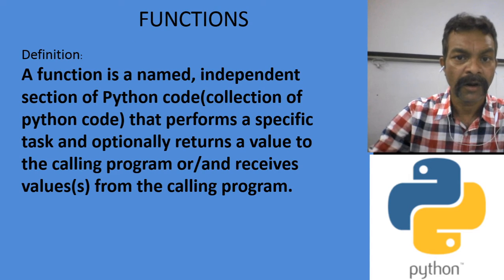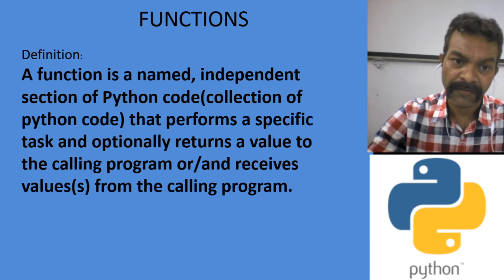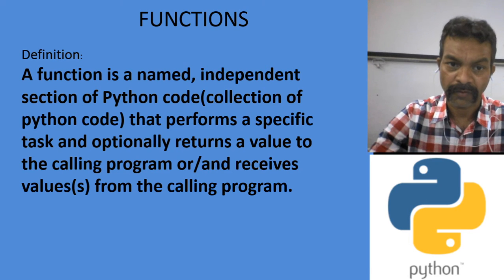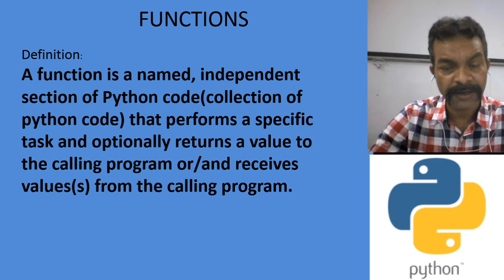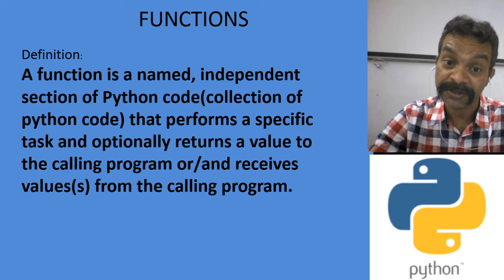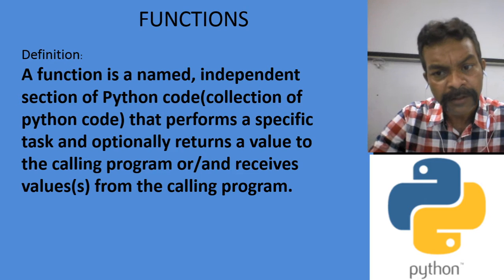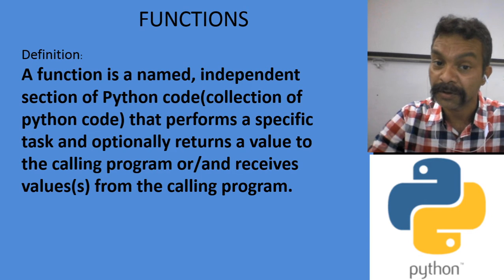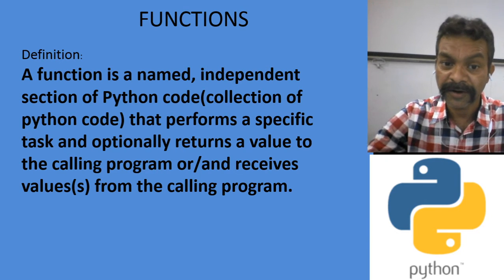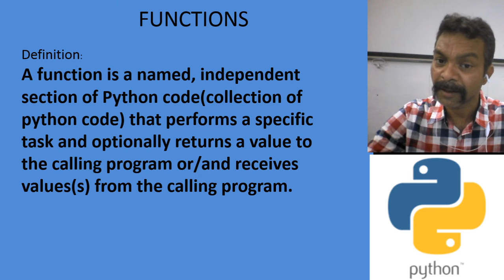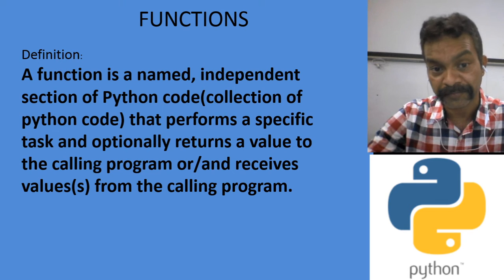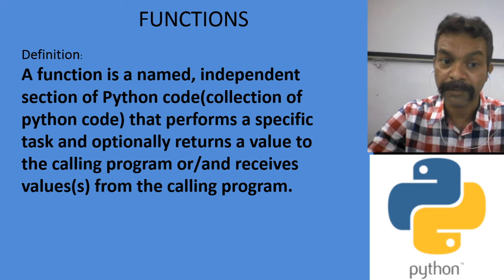Now we will see the definition of function. A function is a named independent section of Python code. Independent section of Python code means a collection of Python code that is different from the program, a separate entity within the program, that performs a specific task.